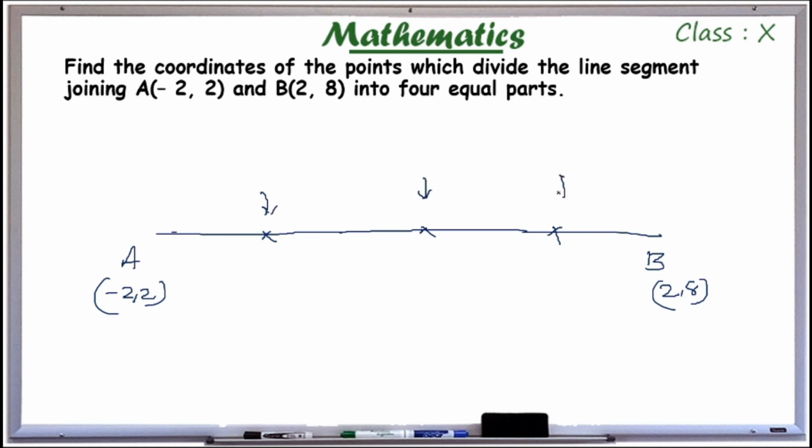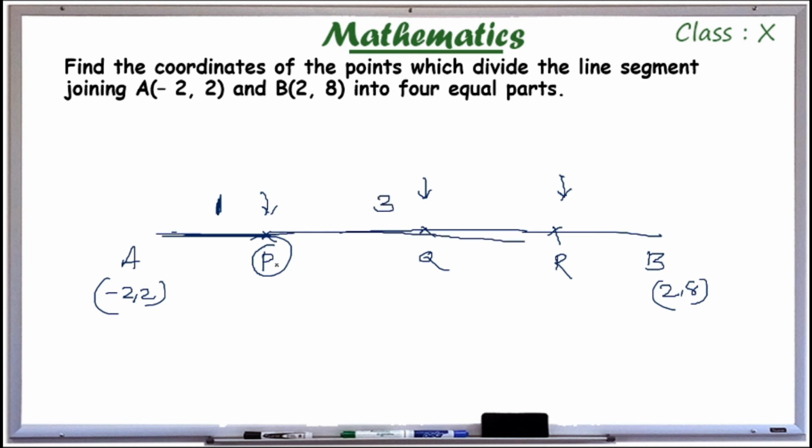That is the question. So if I take this first point P, I have x1, x2, y1, y2, the same for all the cases. For the first point, the second point, and the third point, x1, x2, y1, y2 are all the same. The only changing thing is m1 and m2. So while considering P, on the left side of P we have only 1 part, and on the right side of P we have 3 parts.